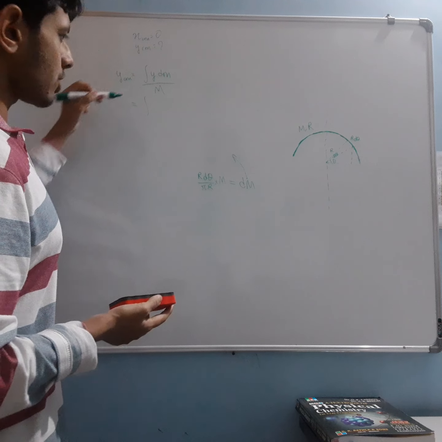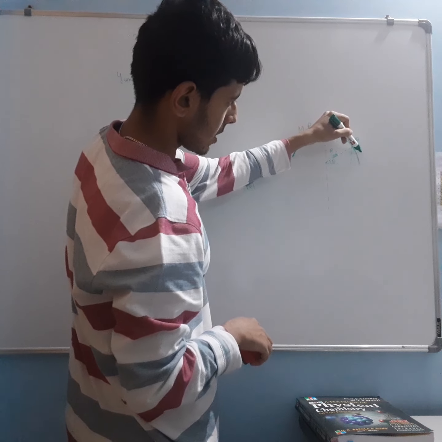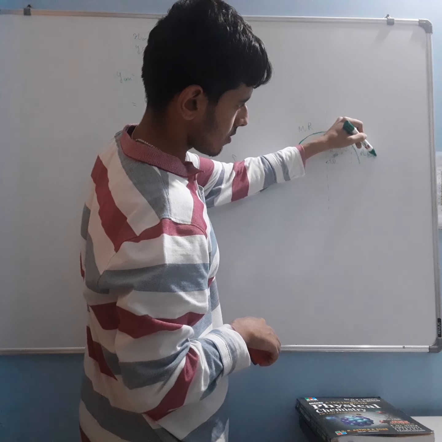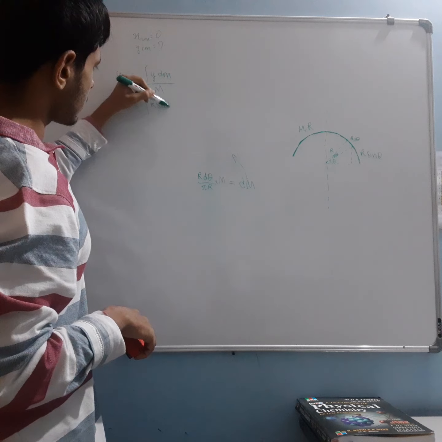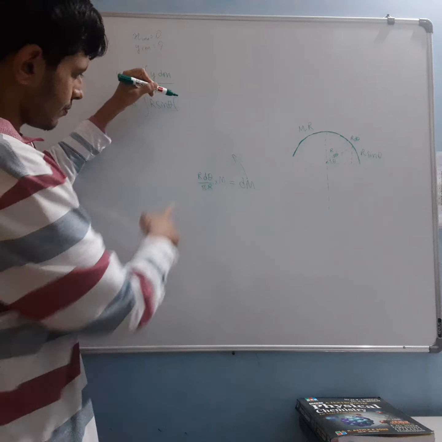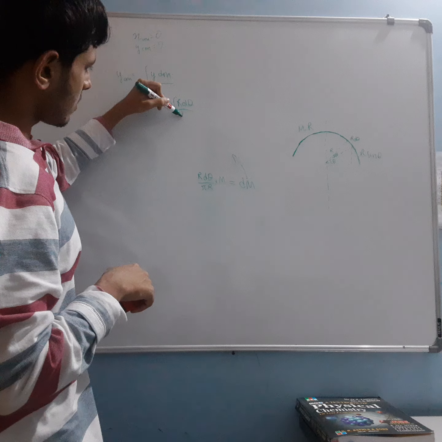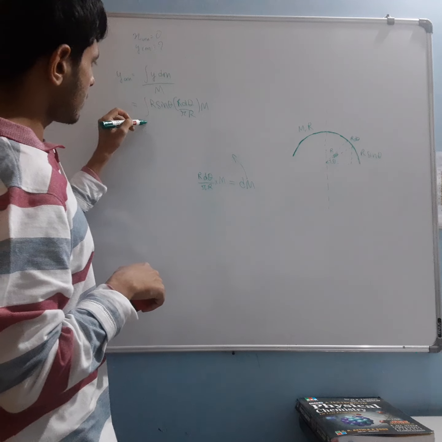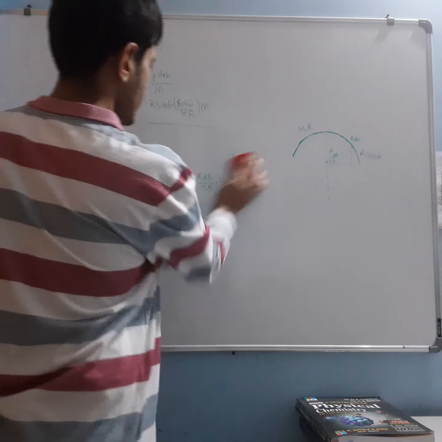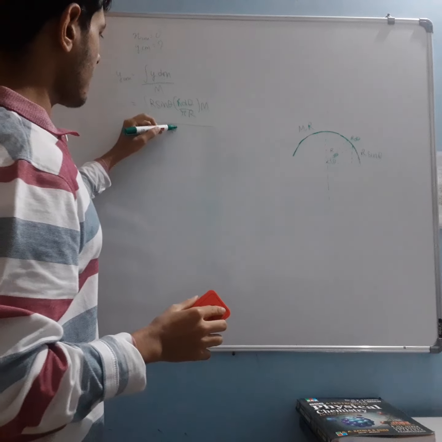So we have integration. As I said earlier, the y coordinate of the arc is basically r sine theta. So we have r sine theta into r d theta divided by pi r into m, divided by m.